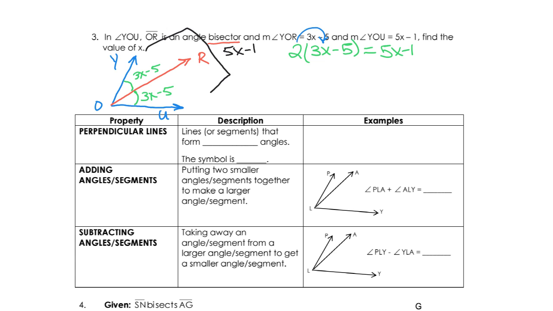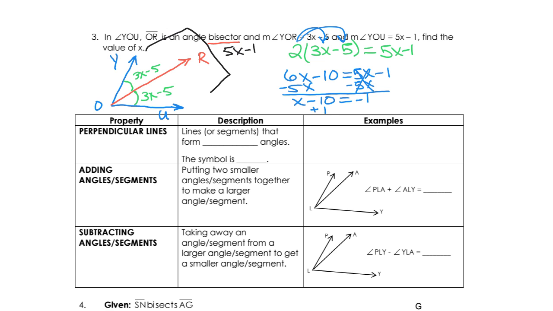All right. So whichever one you set up, you should now get a 6x minus 10 equal to a 5x minus 1. I'm going to go ahead and subtract my 5x. And we end up with x minus 10 equals negative 1.